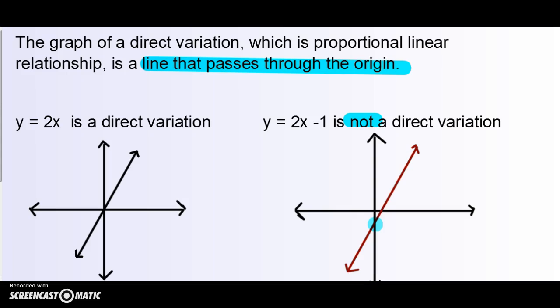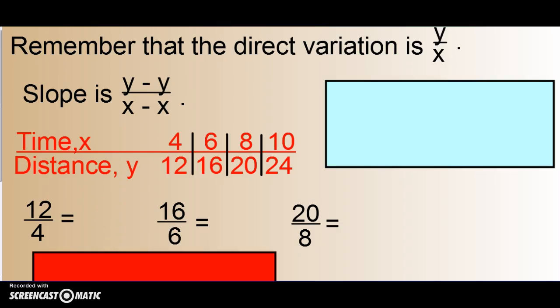All right, good way to just look at a graph and know instantly if it is a direct variation. It'll be a proportional linear equation, but it must pass through the origin. So you must have just y equals a number, your constant of variation, times x, and it must pass through the origin.